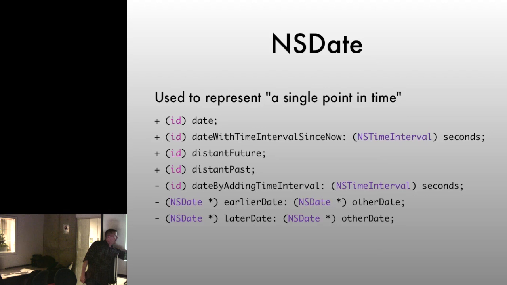You can get a date with a time interval since now, where you give it a number of seconds and it'll return you back a date object that represents a point later in time. A lot of times these are used for timers. Like if you have a 60-second timer, you say, okay, give me a date with the time interval since now as 60 seconds, and it'll give you back a date object that you can then use in your timer for when you want it to fire.